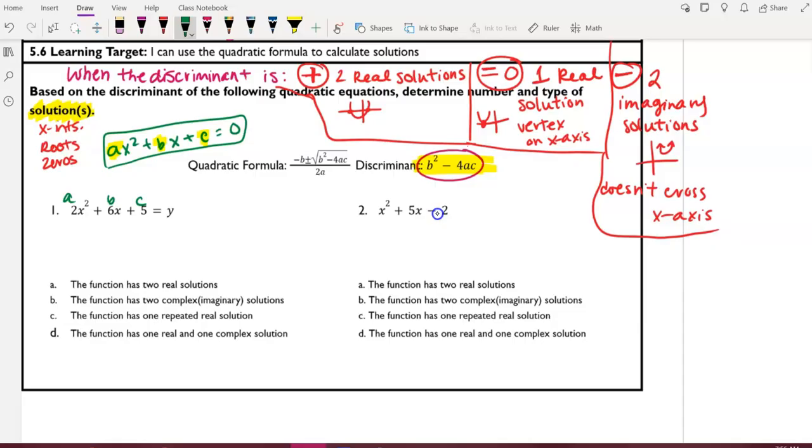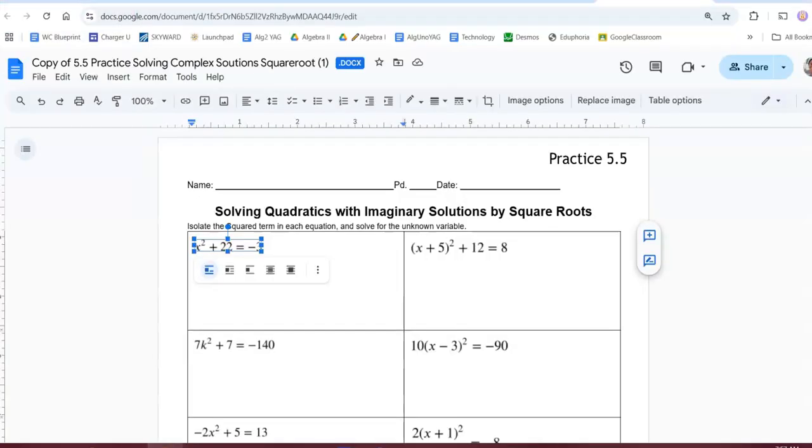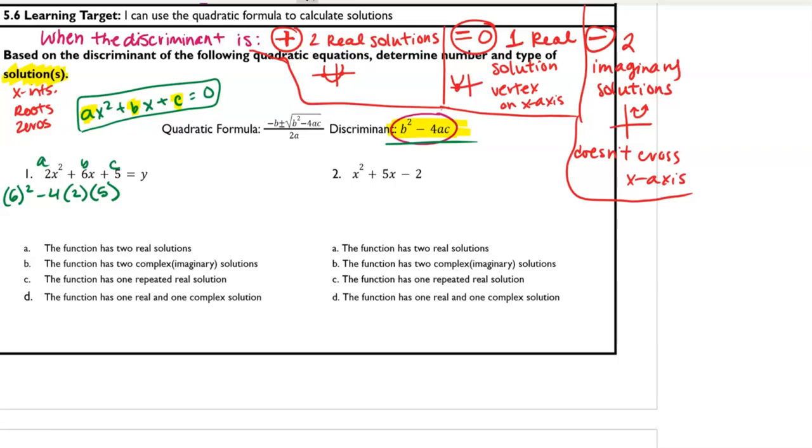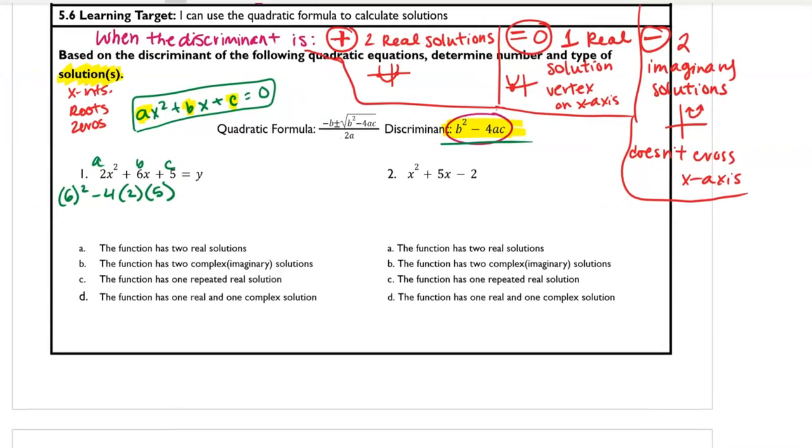All right, so ABC, discriminant, we use the discriminant, b squared minus 4ac. So here we have 6 squared minus 4 times a times c, so 2 and 5. 6 squared is 36. 4 times 2 is 8.